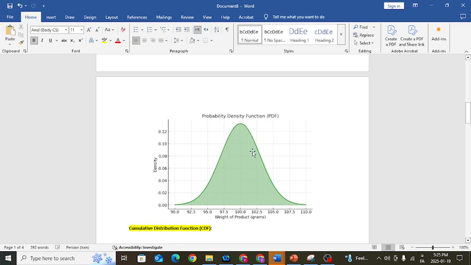This is the bell curve. The area under this bell curve is very important for us. All the data under this curve is important for the probability. For example, all of the data that falls under this curve is important for us.